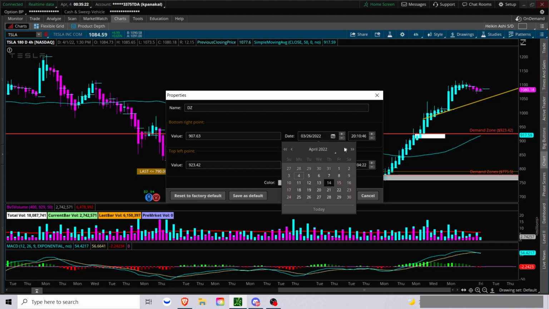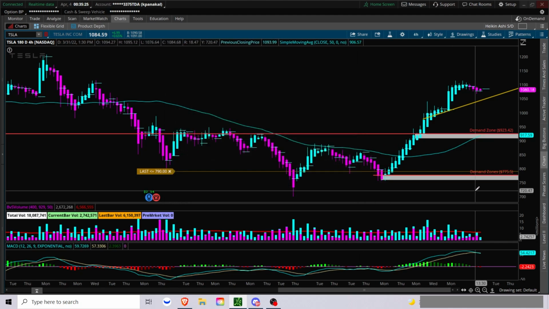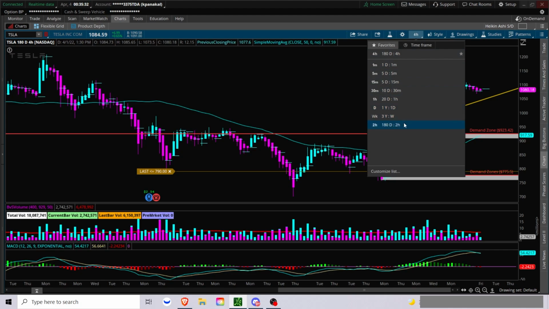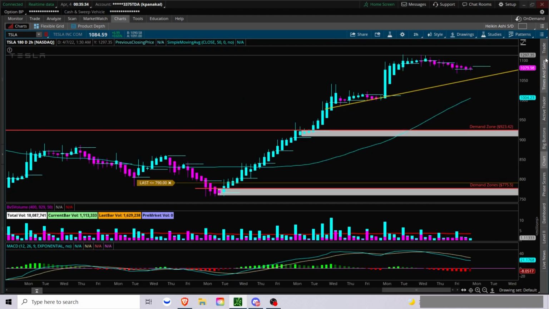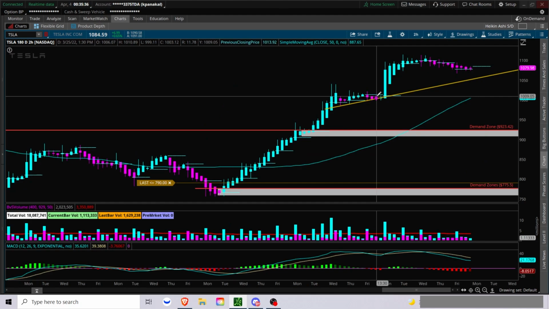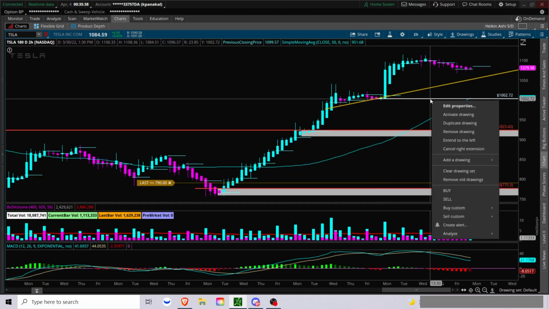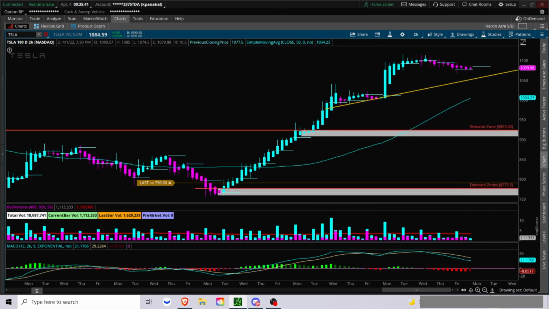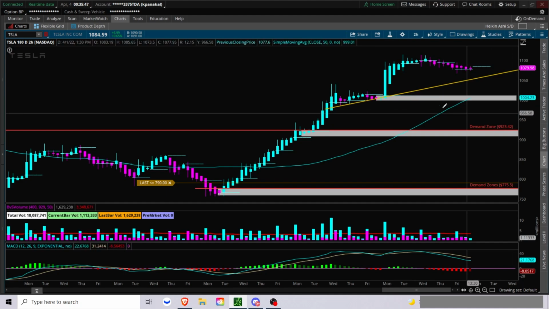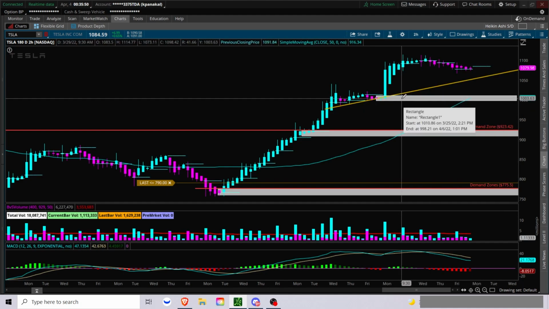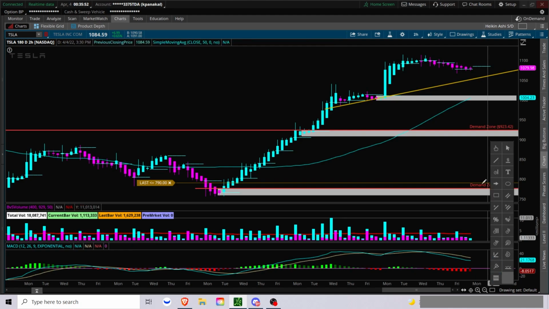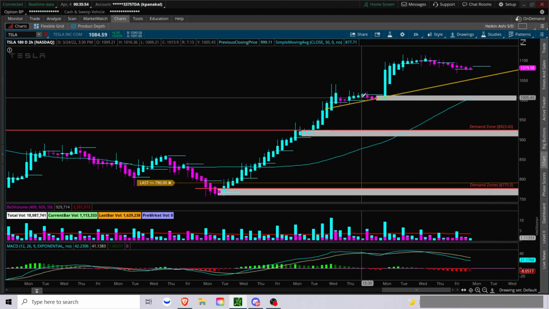Just give me one second while I do this. We already have two demand zones plotted out. Let's see, do we have any other demand zone? Yeah, we do. We have a tiny demand zone right over here, actually, on the 2-hour chart. Let's label that right now.